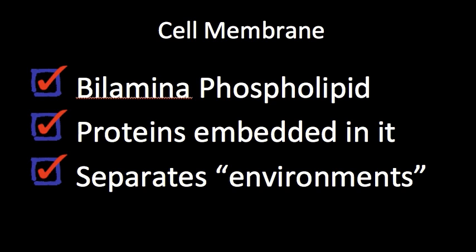A cell membrane is fundamentally made of fat, but in that fat is embedded a series of proteins, and these proteins have a very critical role in allowing the cell to interact with its outside world. And just remember that this cell membrane separates the outer world from the inner world.